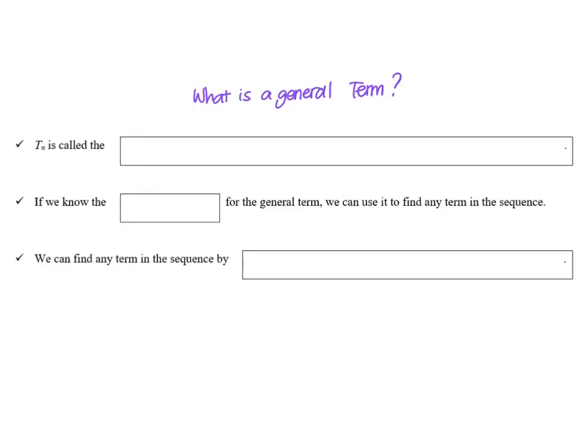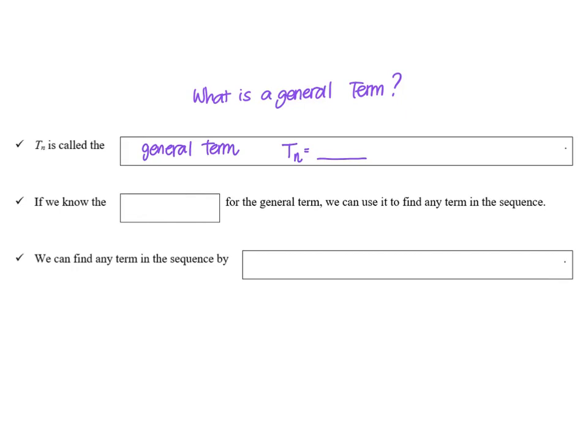What is a general term? Usually we denote it by Tn. Tn is called the general term, where it means the formula. If you're given a formula, Tn is given to be some formula.